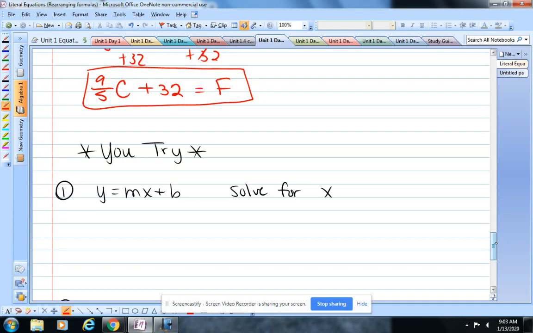You don't move Y. All right, check it with a neighbor. Hint, your answer should look like a fraction.